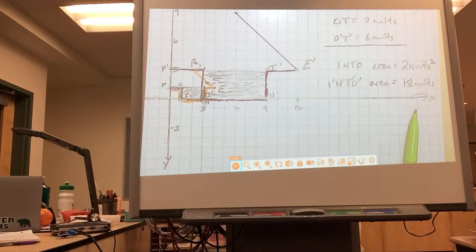Because to get that square foot, we took 1 foot multiplied by 1 foot. But when you do it in inches, it's 12 inches times 12 inches, because each of these feet is 12 times as many inches. So that's where you get the 144 square inches from.